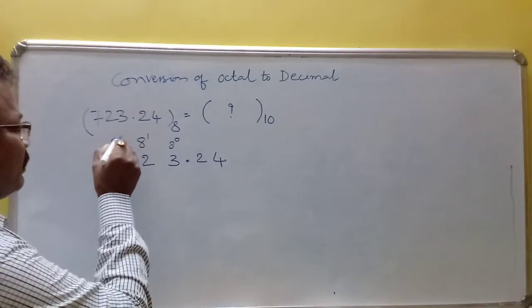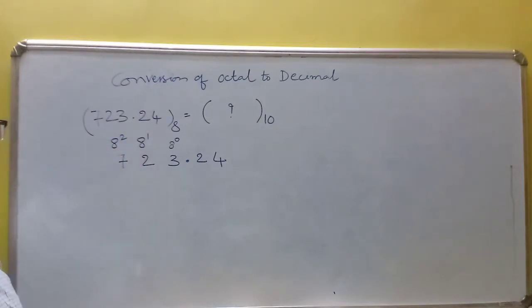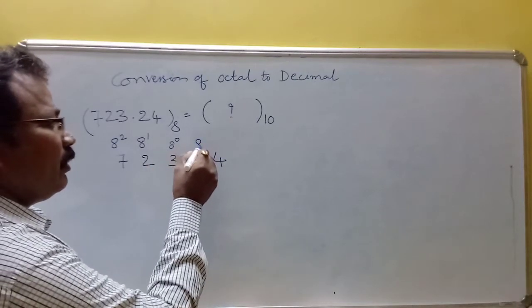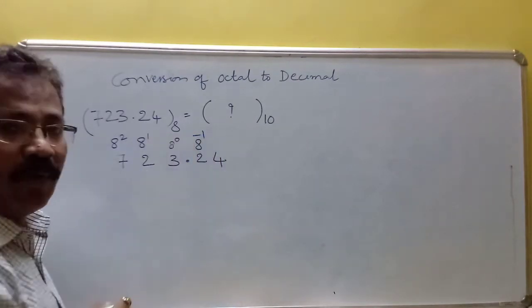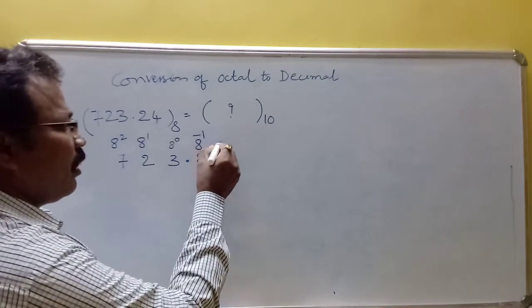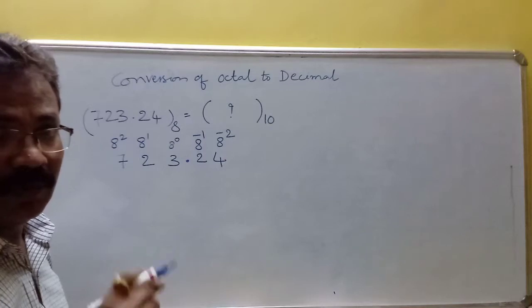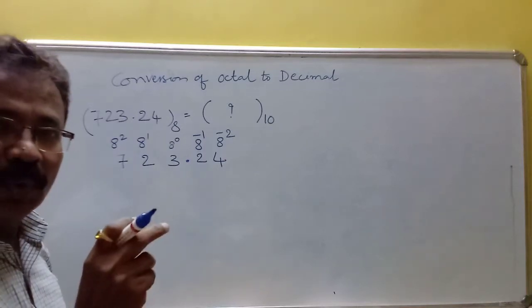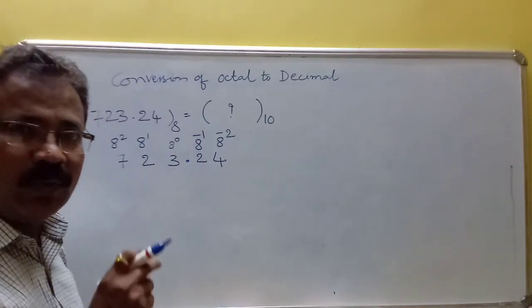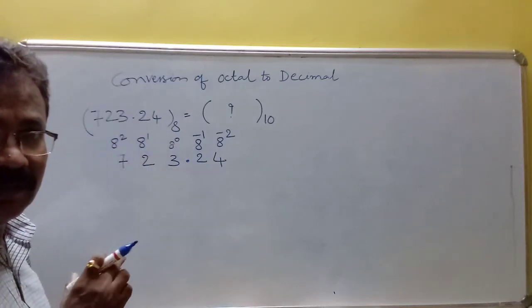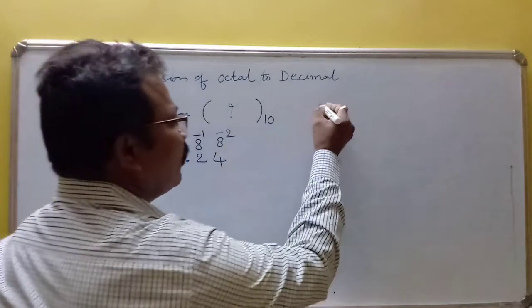And its positional weight is 8 to the power of 2. In the same way, its positional weight is 8 to the power of minus 1 and its positional weight is 8 to the power of minus 2.